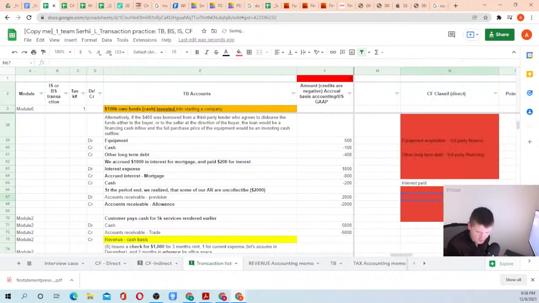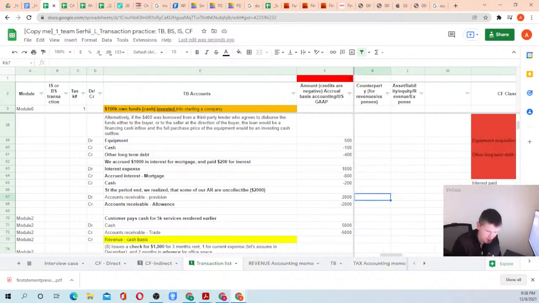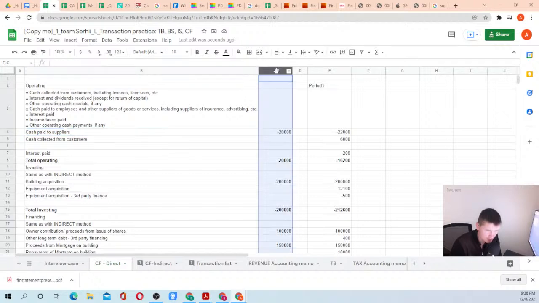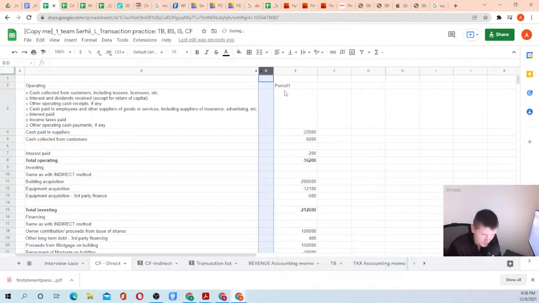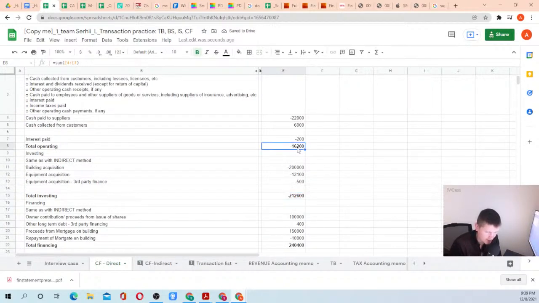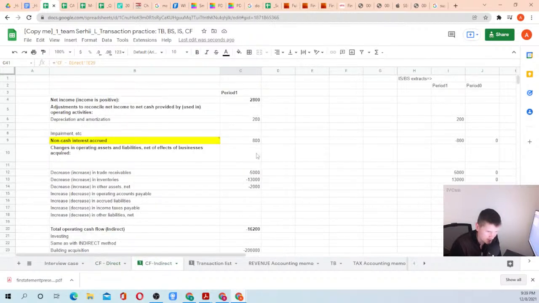There is no mapping to the direct method cash flow. Let's see what happened in the direct method. We have 16,200 outflow from the operating activity, as it was in the direct method.